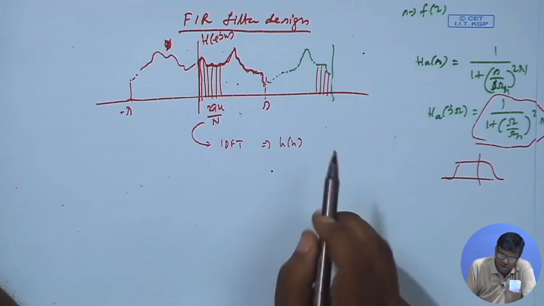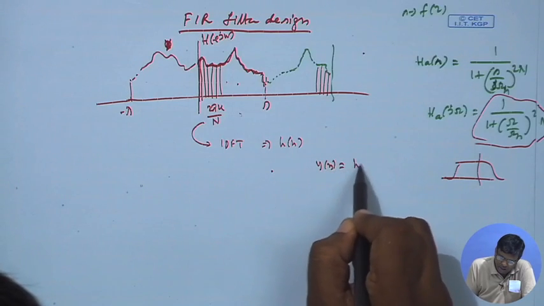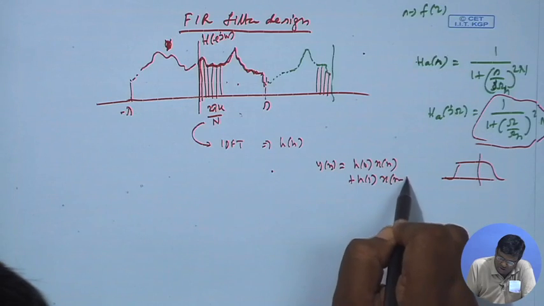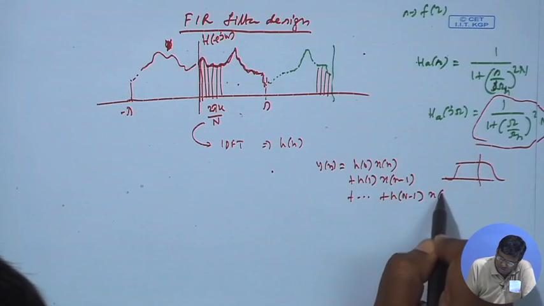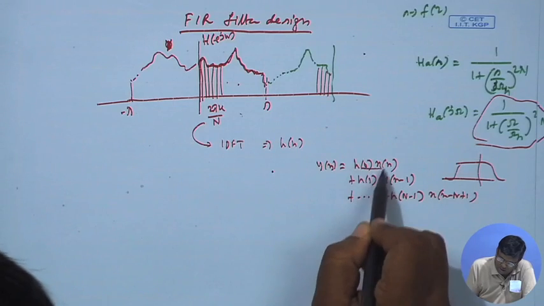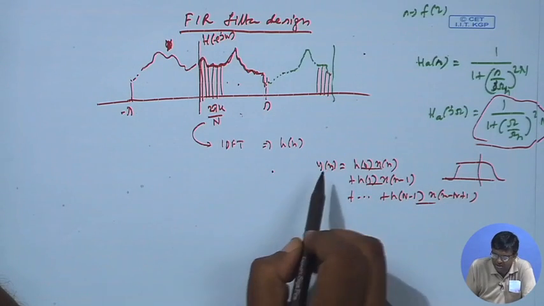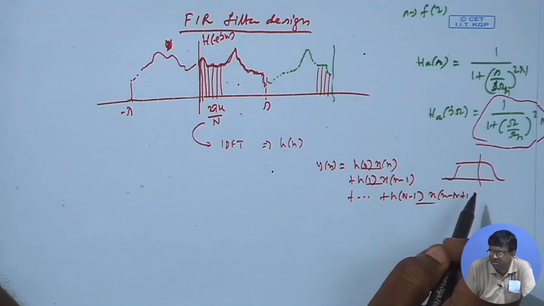Only problem that you face here is that you have got too many coefficients N. So, per output y[n], the convolution will be h0 x[n], h1 x[n minus 1] plus so on. So many multiplications. So, at every index n, the output will require too many multiplications.